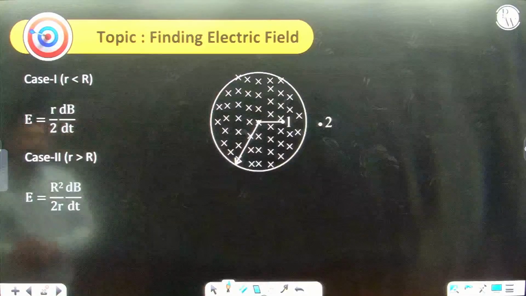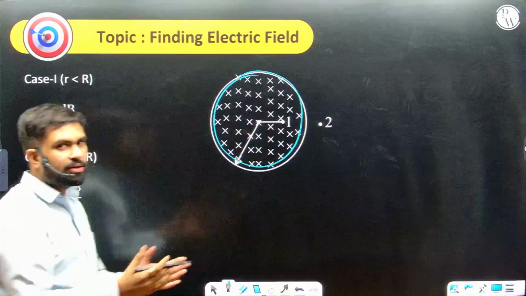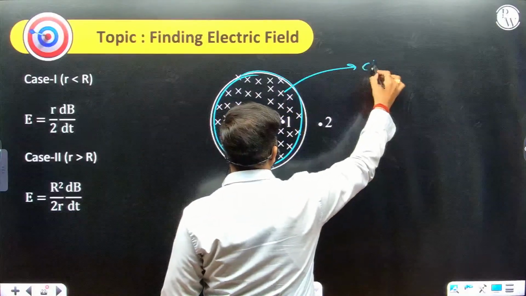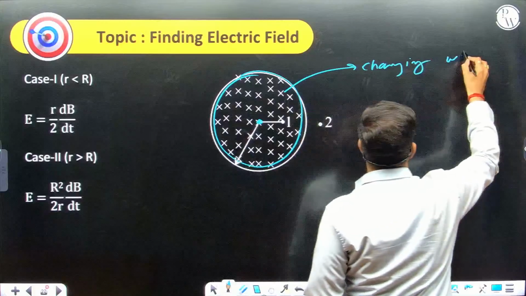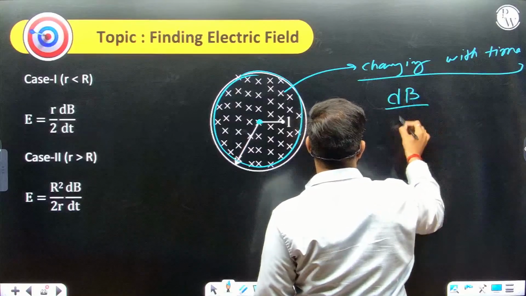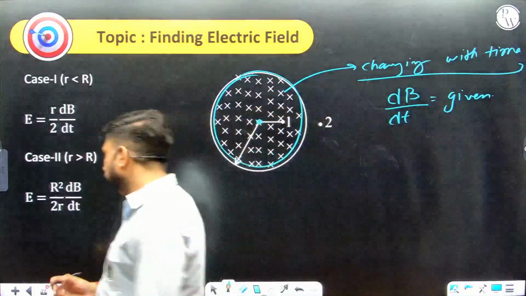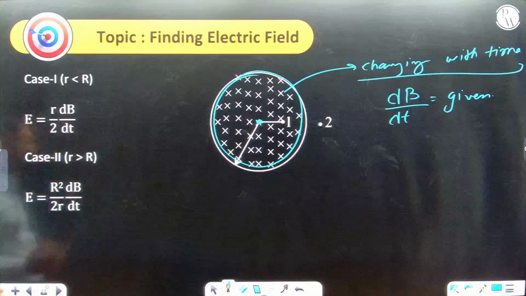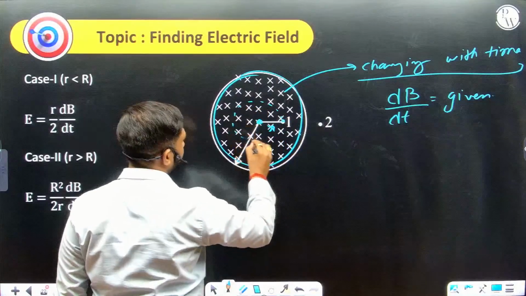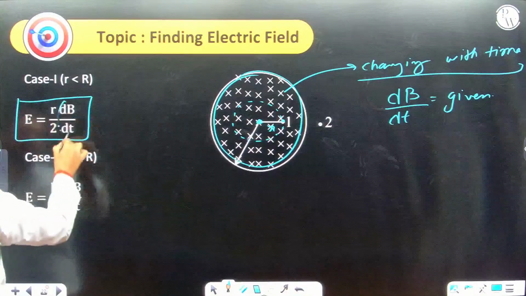Okay. So what they are saying is this is a region of magnetic field, a fixed, confined region, take a bounded region. In this the magnetic field is changing with time. So certainly either they would give the function of magnetic field with time, or they will give you directly dB by dt, or some way through which I can calculate dB by dt. So inside, if I take any particular point at r distance, the induced electric field comes to be r by 2 times dB by dt, straightforward.